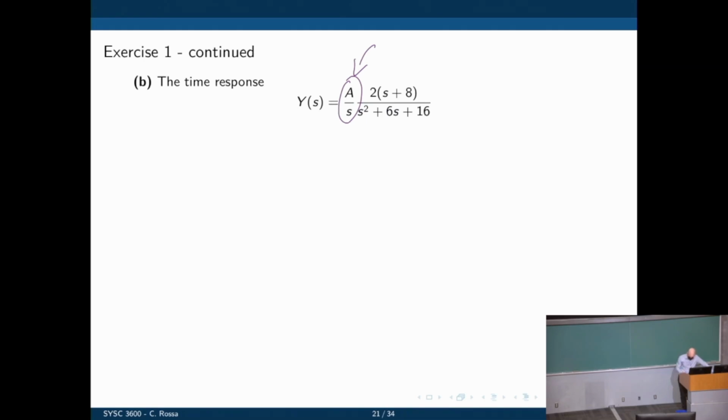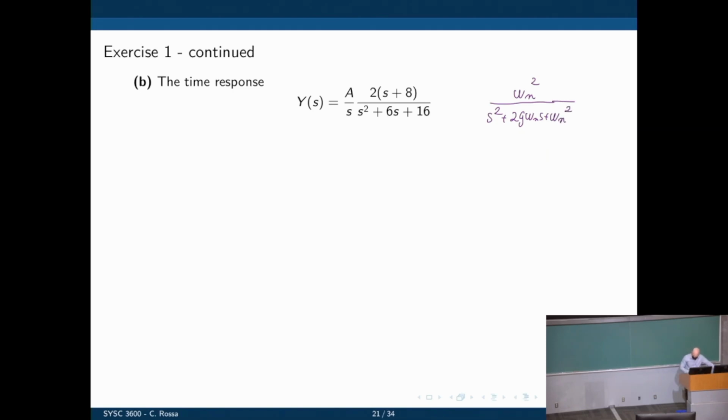So what is the time response of this? Well, the system itself is here, and it's just given a step input. So you can put this in the standard form, omega n squared divided by s squared plus 2 zeta omega n s plus omega n squared, and you can find omega n and zeta.